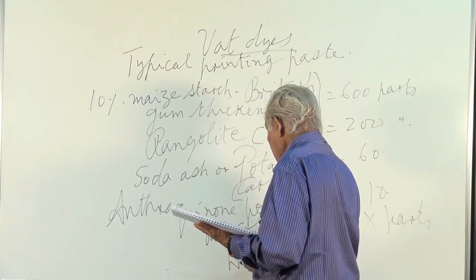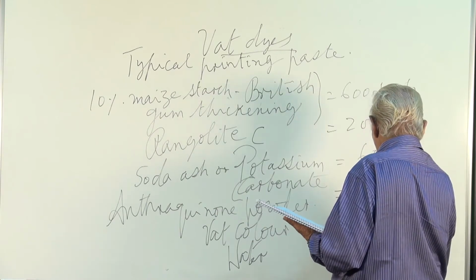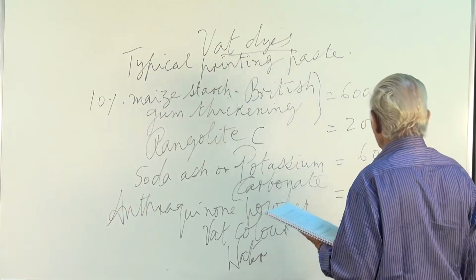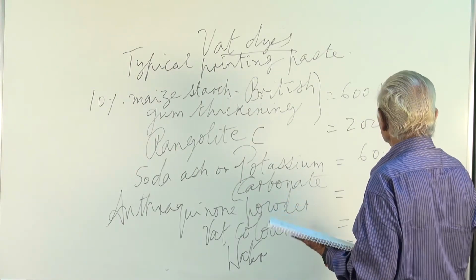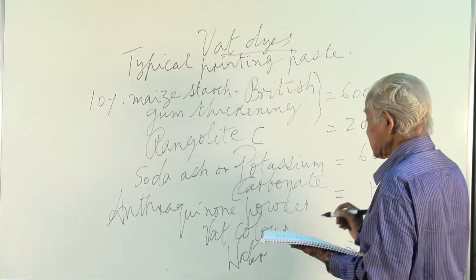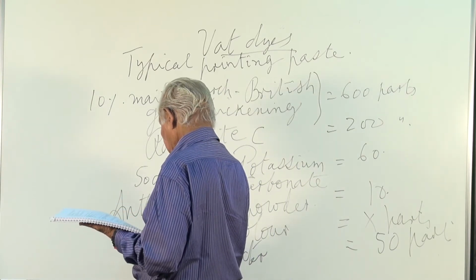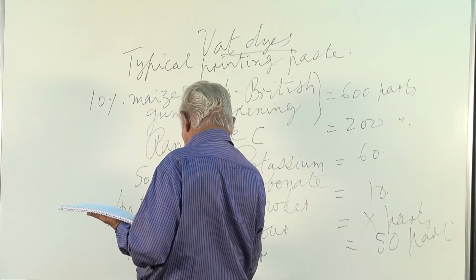Water, 50 parts. So it is 1000 parts here, and the steaming condition is 9 to 10 minutes in saturated steam. Saturated steam using ager.